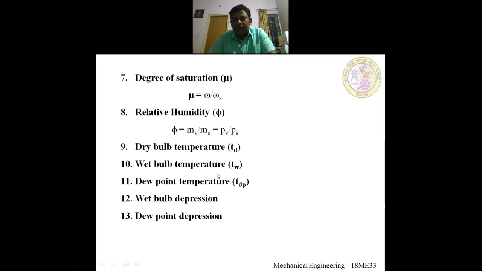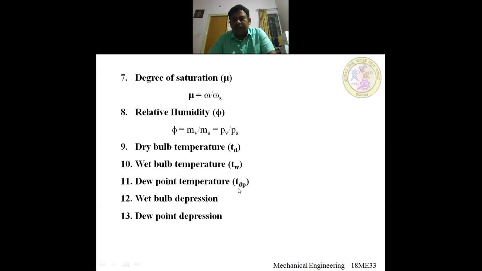Whereas wet bulb temperature is represented by T suffix w. It is the temperature recorded by the thermometer where the bulb is covered with a wet cloth and exposed to the movement of air. The temperature measured with a bulb covered with a cotton wick is known as wet bulb temperature.